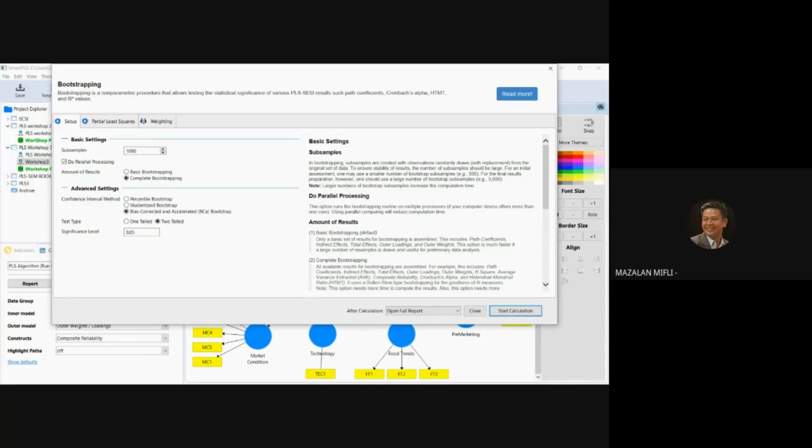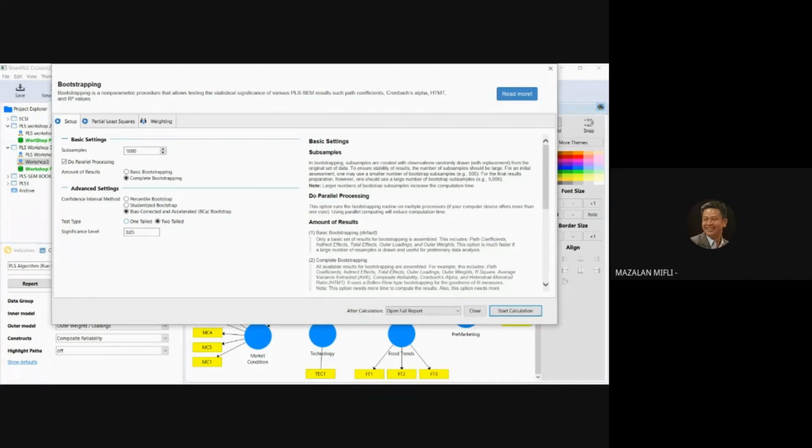If you only look at one direction, you should take one tail. One tail, if you are getting a t-value of 1.294, it will be significant. Two tails, usually the minimum is 1.96, both sides. Then only you get significant. Otherwise, if you get lower than that, you may not get significant.